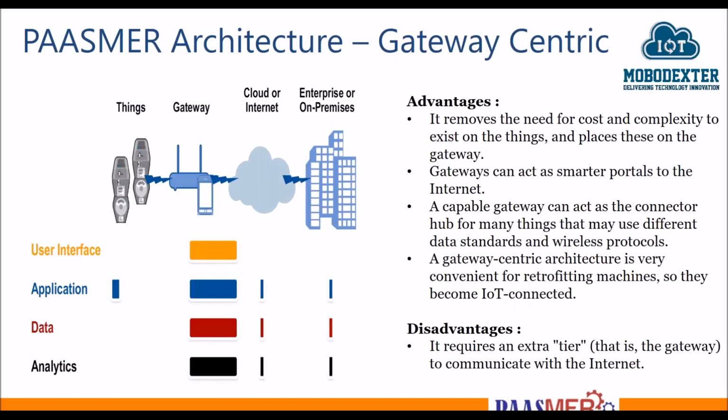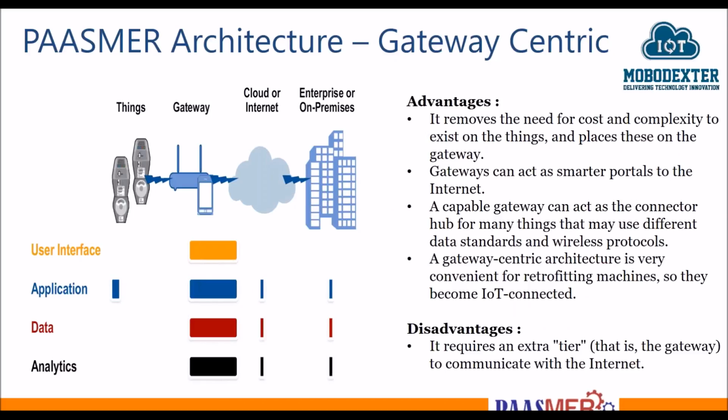A capable gateway can act as the connector hub for many things that may use different data standards and wireless protocols. You may have different things in your environment, and you need different kinds of communication protocol standards, right?